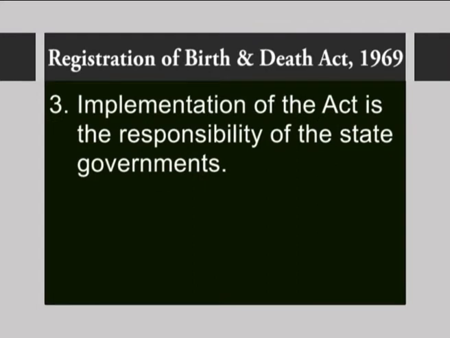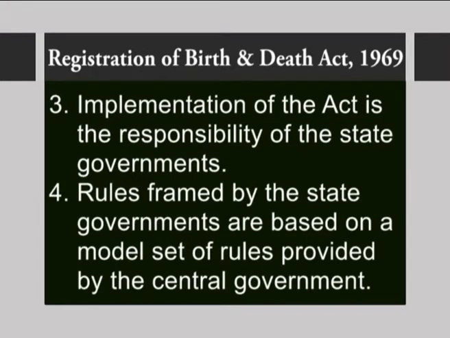Implementation of the Act is the responsibility of the state governments. Rules framed by the state governments are based on a model set of rules provided by the central government.